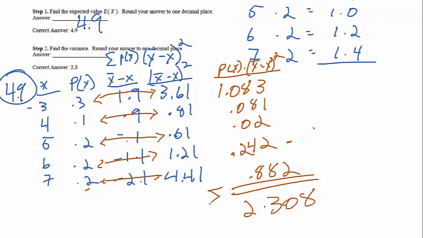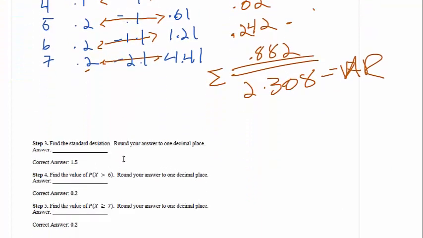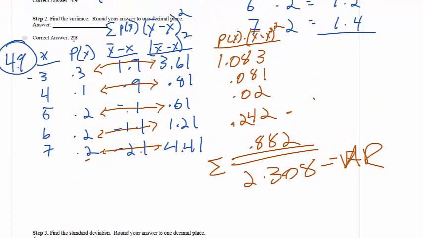And this is where the summation comes in. So this is my variance, 2.3.